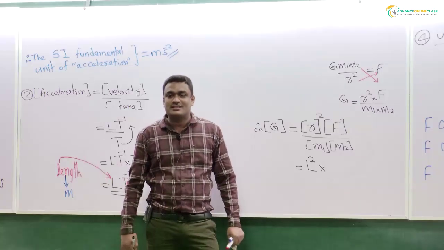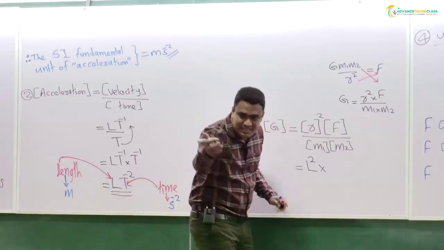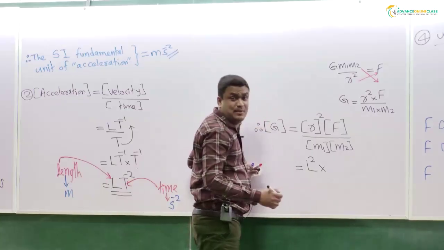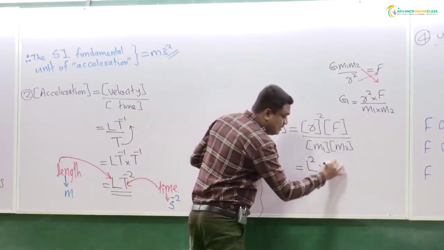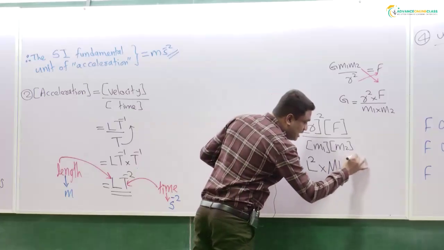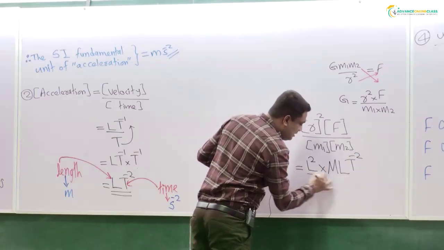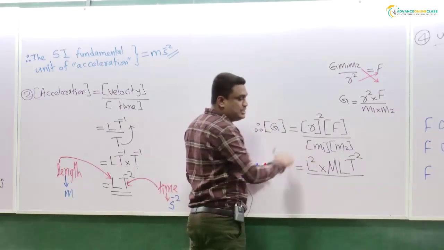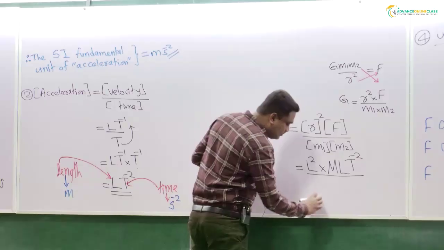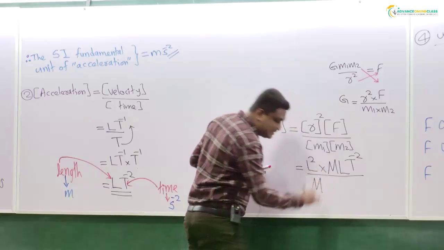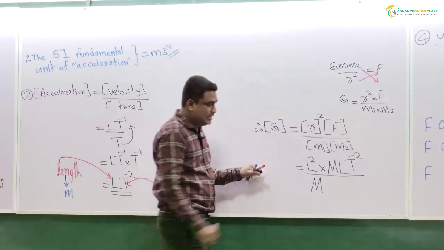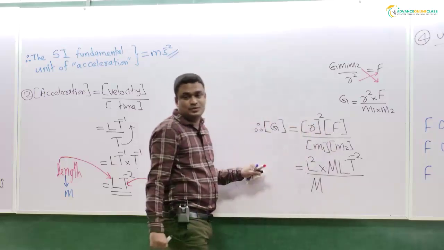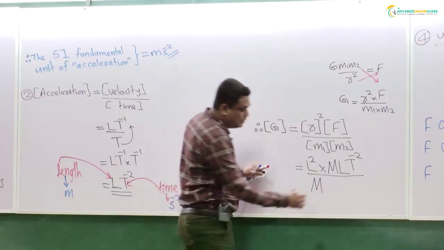Dimensions of force, m1 m2 divided by... m1 is the mass of the first object. Dimensions of mass is capital M. m2 is the mass of the second object.